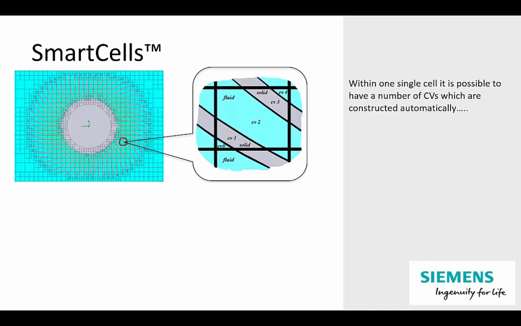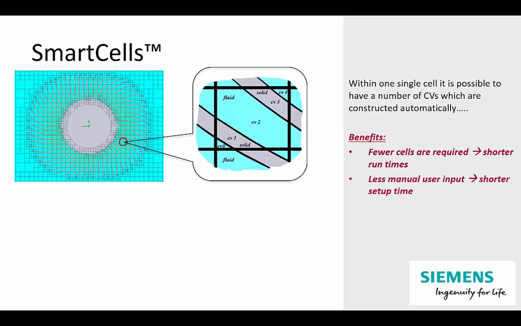Traditional CFD would have to divide this cell up into many smaller cells to resolve those different fluid and solid regions. With FlowEFD, we don't need to do that. We can use a very coarse mesh and still get a fast and accurate solution. So the benefit of smart cells is that fewer cells are required which gives us shorter run times and reduced computing power requirements. It also means there's less manual user input, so the setup time is significantly reduced.